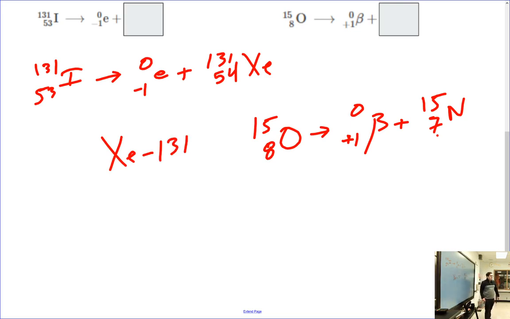So on the homework, if iodine goes through beta decay, what does it turn into? Xenon-131. I tried my best to figure out how to get Schoology to do these kinds of inputs, and it's just not quite there yet. Do we have to put the dash? Yes. So this one would be N-15.